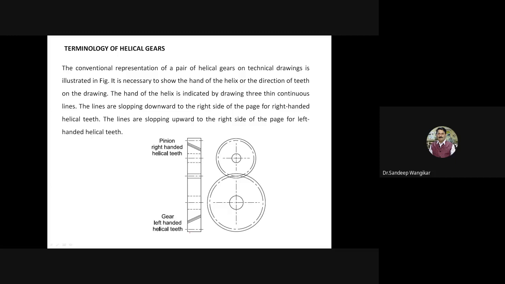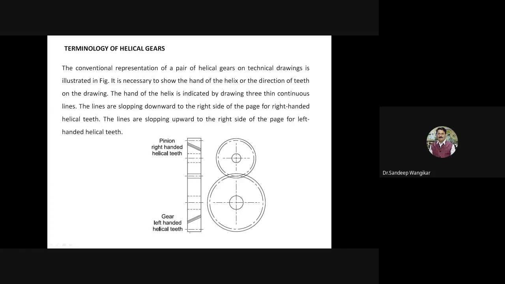Therefore, the terminology of spur is different. Now here, the teeth are cut at an angle, and let us try to correlate this terminology with the terminology of spur gear, or whatever standard formulas are there, that we will take and proceed for deriving the further expressions. The conventional representation of a pair of helical gears is shown in the figure.